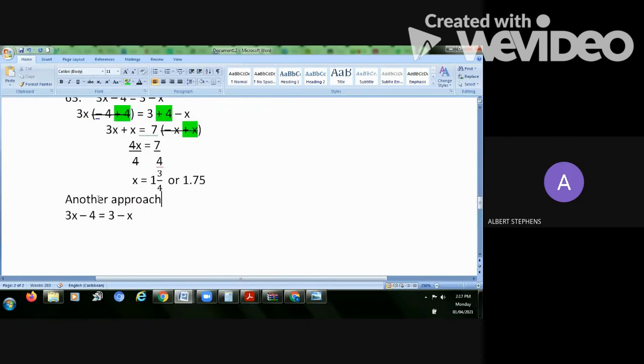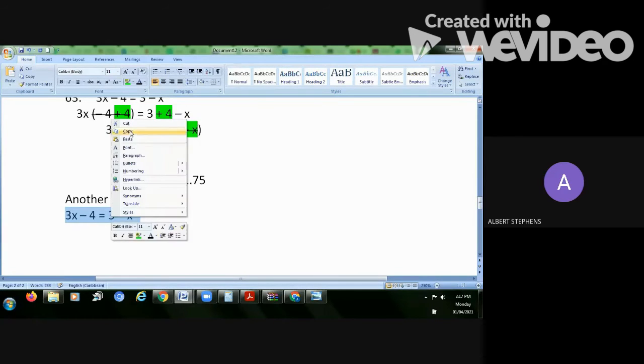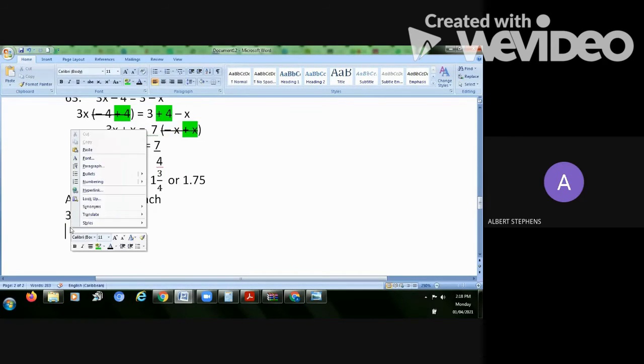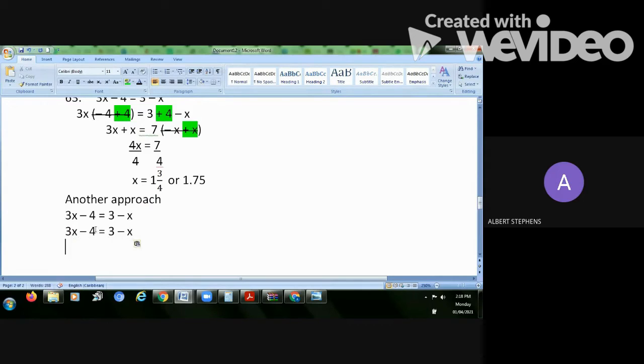Basically, what you could have actually said is to add x on the left, and add it on the right, and right away this will go away.